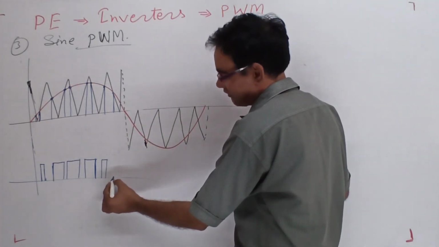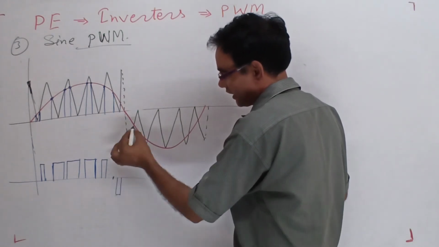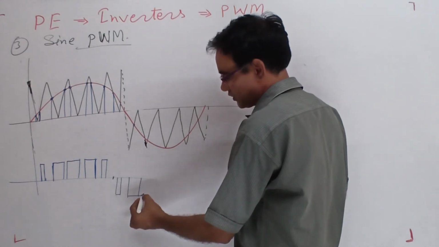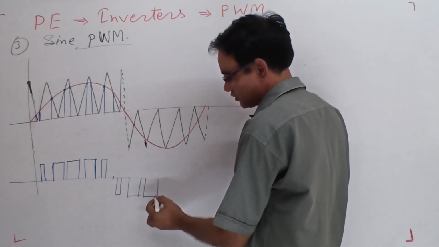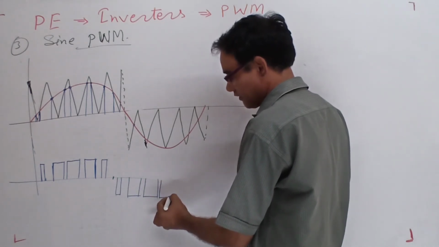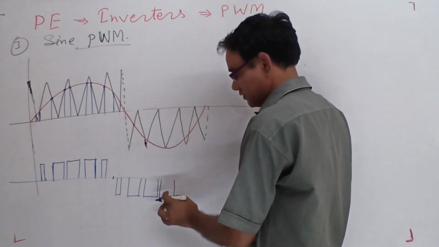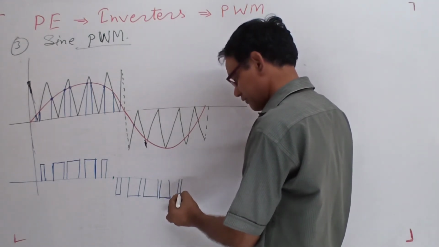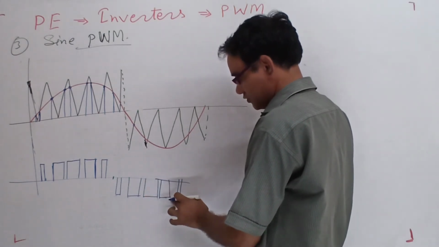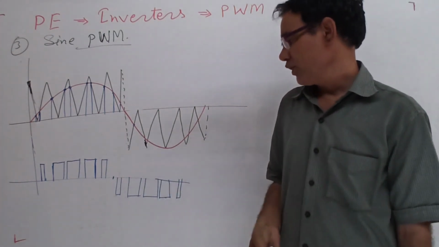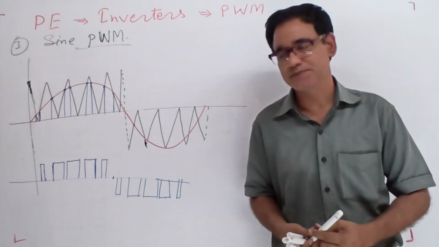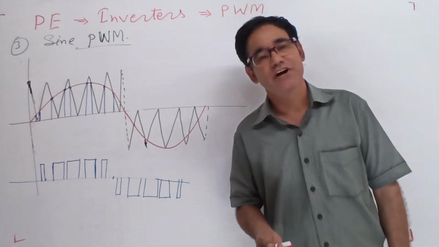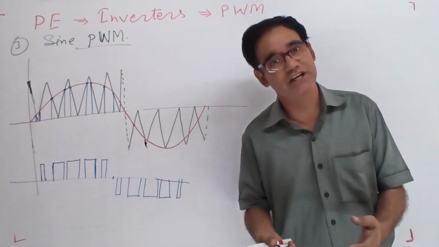Next, in the negative half, there are pulses like this, each having a width equal to this one. So this is the way we get the pulses. How can we decide how many pulses there are? It depends upon the frequency.